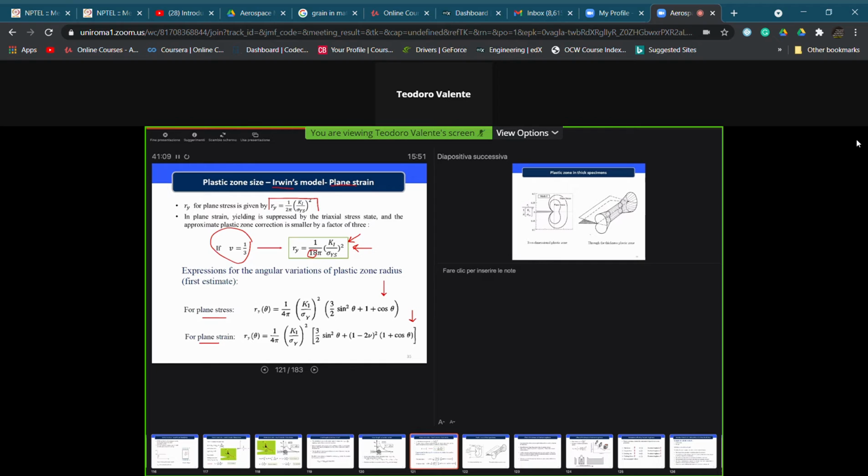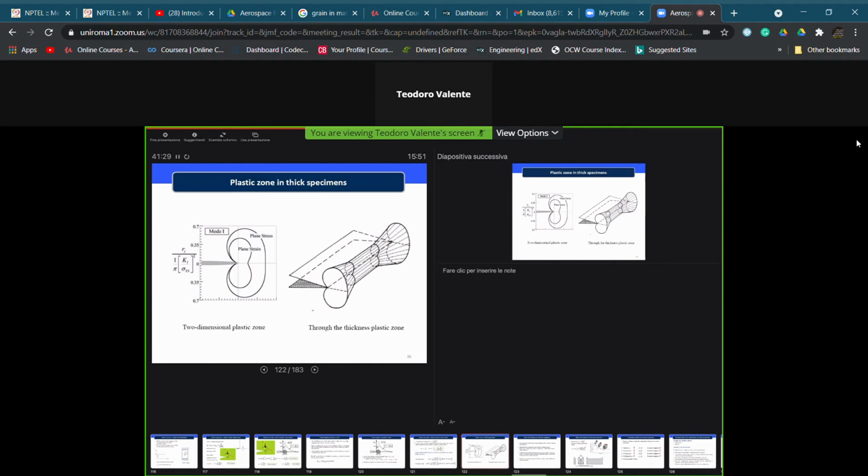We include this radius of the plasticity zone at the crack tip in the effective crack length that we consider pre-existing inside our material, and then we move to our verification, to our design, to our calculation, just as in the case of linear elastic fracture mechanics.